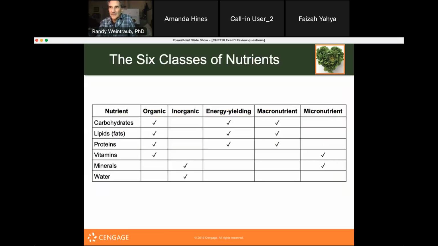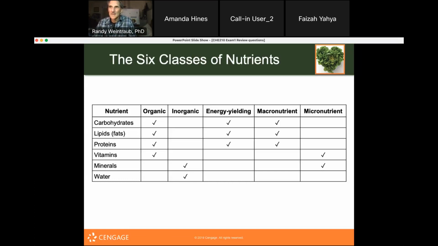So the six major classes: organic, inorganic, and energy yielding, and macronutrient, micronutrient, and you could define each of those on the left column of the six, which are organic, which are inorganic. Inorganic are the ones that don't have carbon.